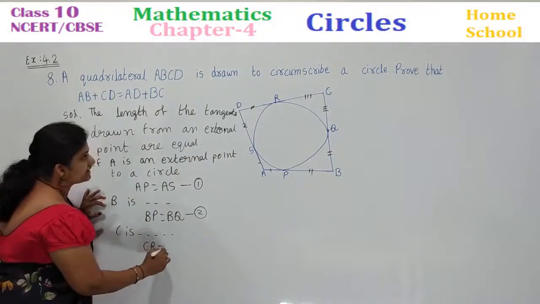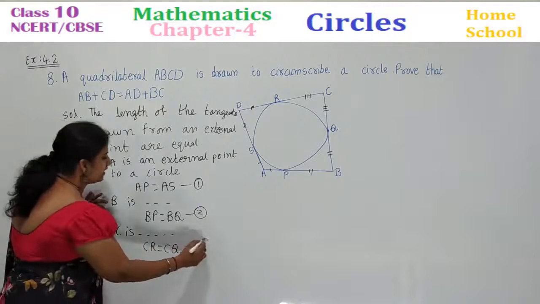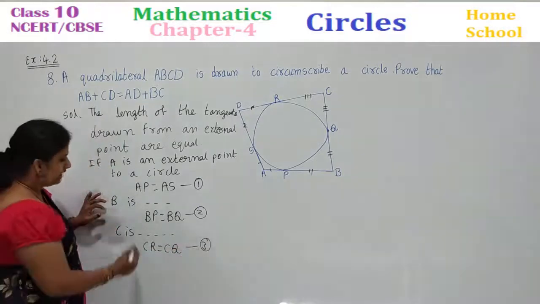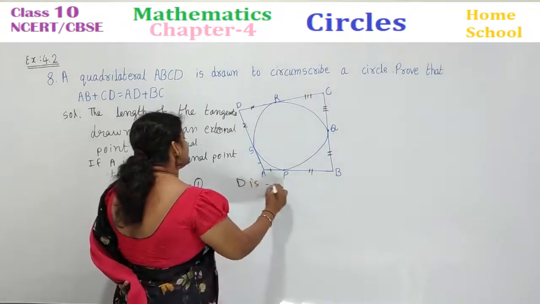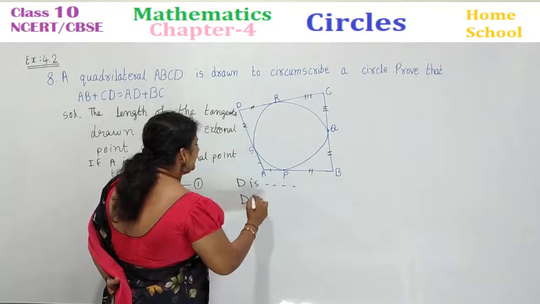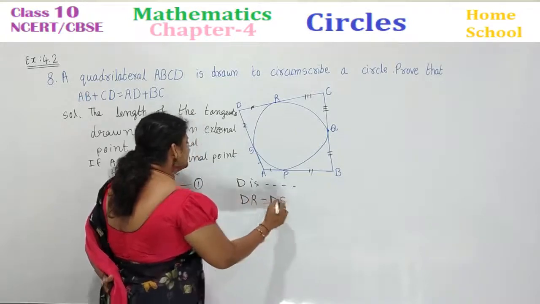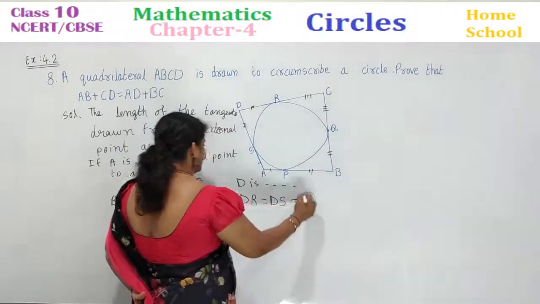CR is equal to CQ. Mark this third equation. If D is an external point to a circle, what can you write, children? DR is equal to DS. And mark this fourth equation.